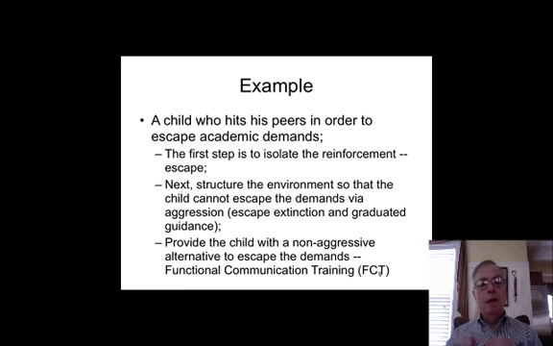And at the same time, you're ignoring the behavior and using graduated guidance and extinction to treat the behavior. So that's a perfect example of the way you would go through the process and end up with a treatment intervention that, if your hypothesis is correct, and if it is really an escape-motivated behavior, then this treatment intervention should be highly successful in eliminating that child's behavior.